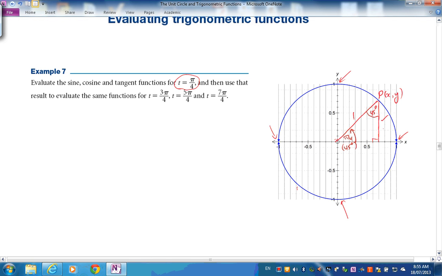So these two sides form an isosceles triangle, and they will be equal. So let's call it a value. Let's say the value is n, and this is n. So can we find these values? Because these are the sine and cosine, and they'll be the same, won't they?